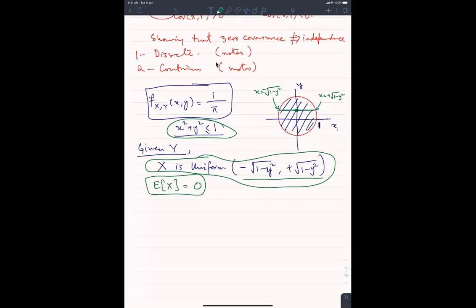So clear dependence between x and y. So given y, x is uniform between these two values. ठीक है.